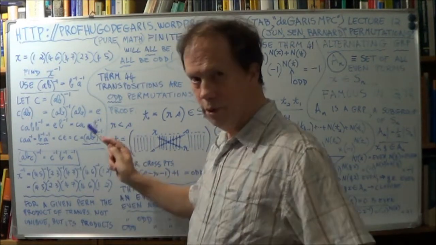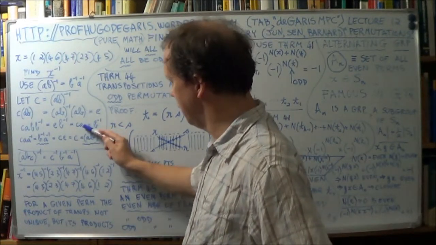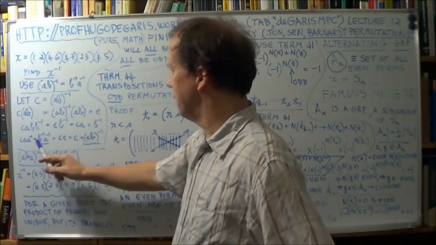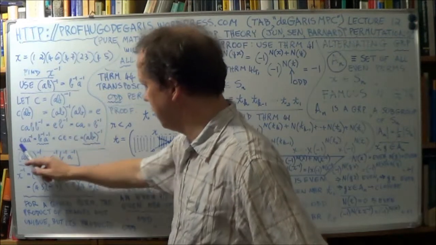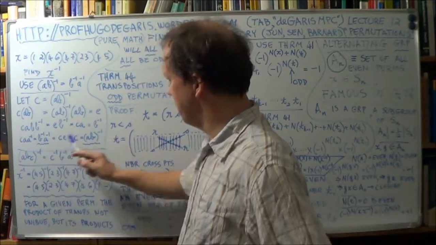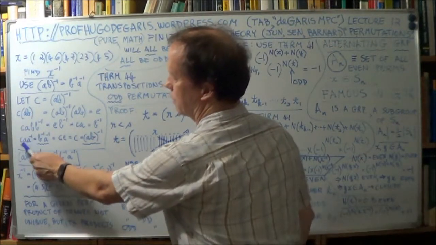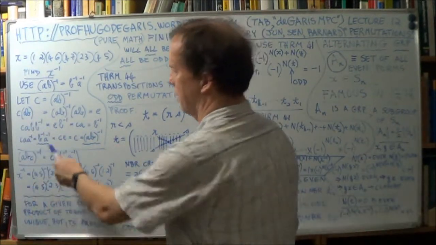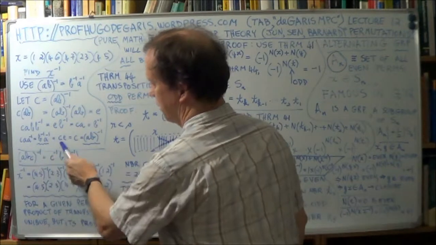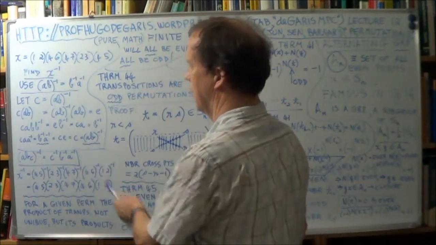Now post multiply by A inverse on both sides, and so CA A inverse becomes B inverse A inverse. The A and A inverse cancel and become E, so this becomes CE, which is just C.